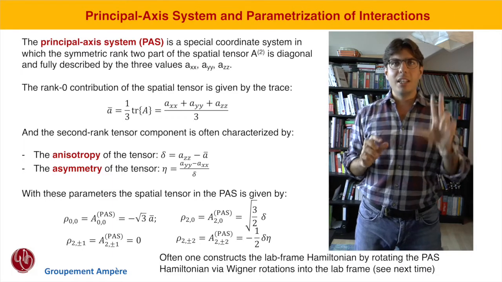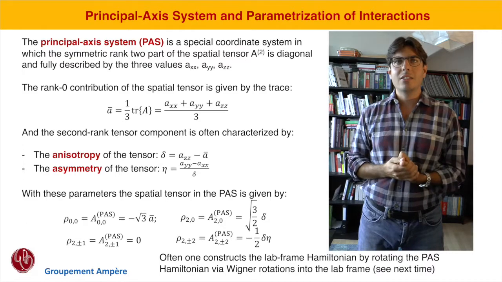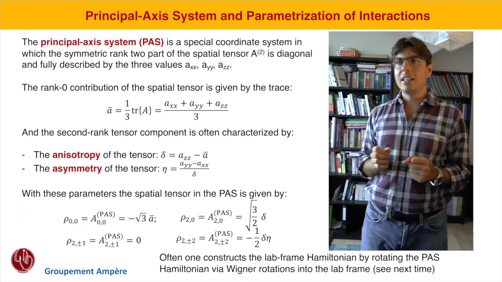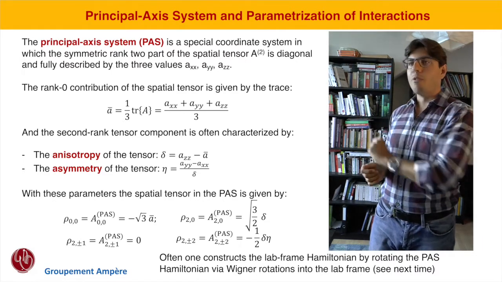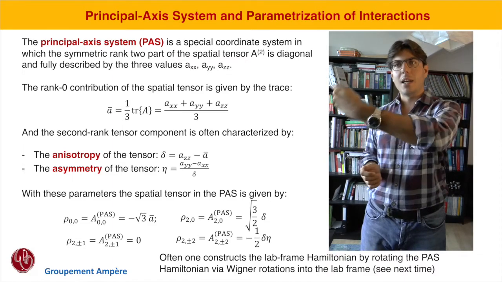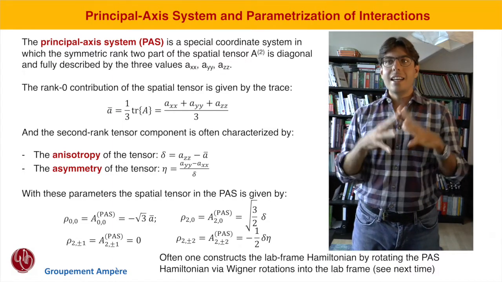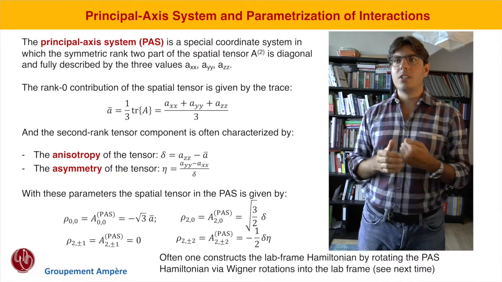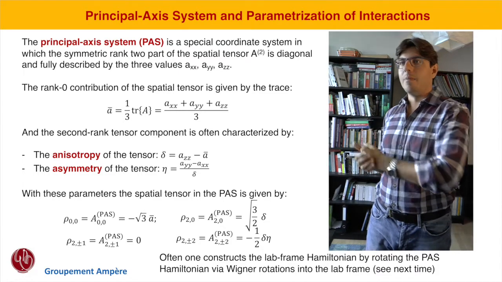And these 3 parameters that we use for parametrizing our interactions in the principal axis system are, first, the trace of our spatial tensor. This is nothing else than the sum of all our diagonal elements, Axx plus Ayy plus Azz, all divided by 3. Then we have the anisotropy of the tensor, which is just the difference between Azz and the trace.